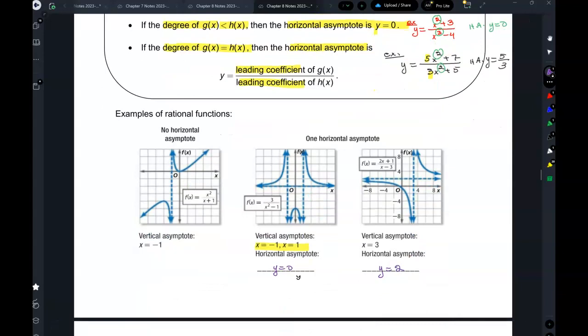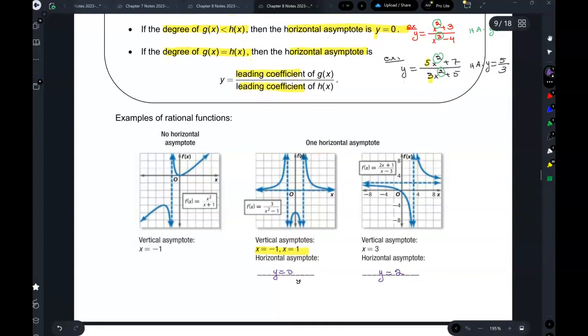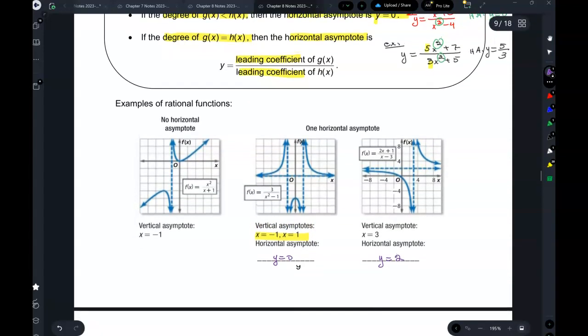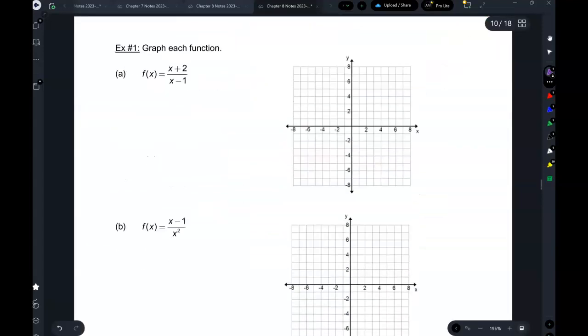Right, but what's the degree in the top? 0, and here 2. So again, higher degree in the denominator means y equals 0. You have to compare degrees with degrees. The degree here is 0. Okay.